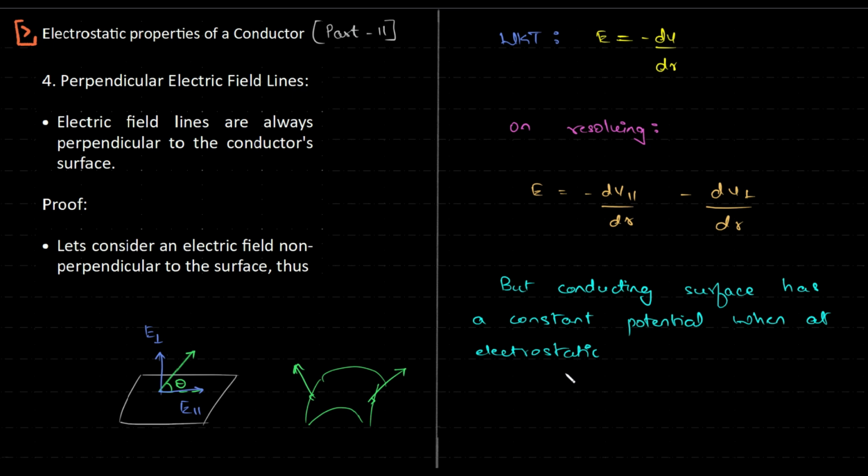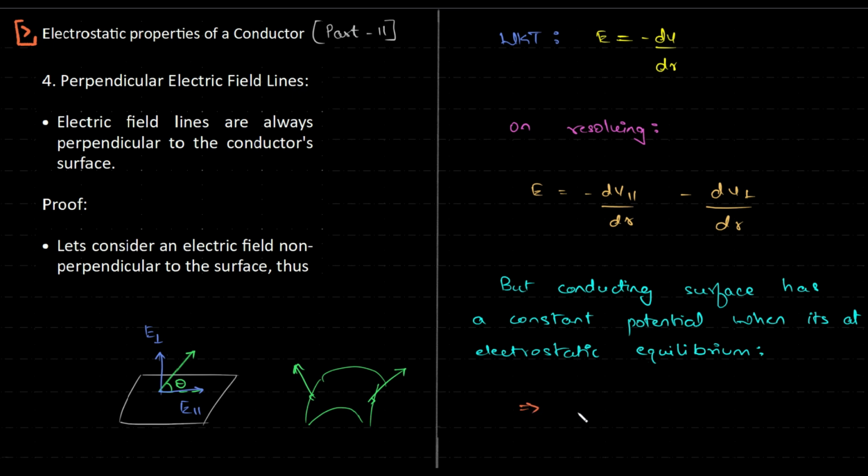The grammar is not exactly right, let me think over it. Okay, guys, a conducting surface has a constant potential when it's at electrostatic equilibrium. Now it's right. Okay, my handwriting is not that great, but let me continue.